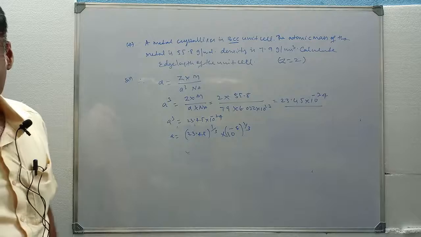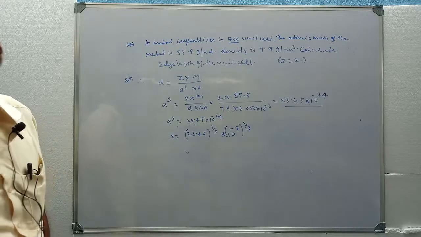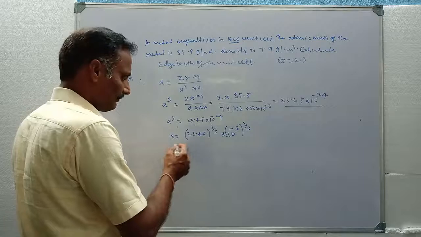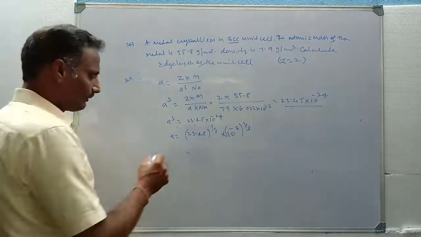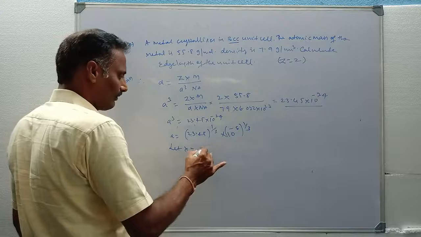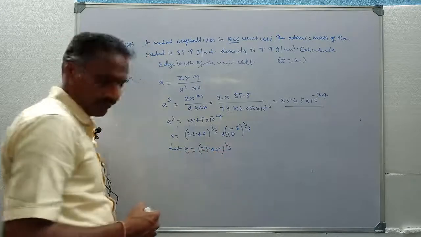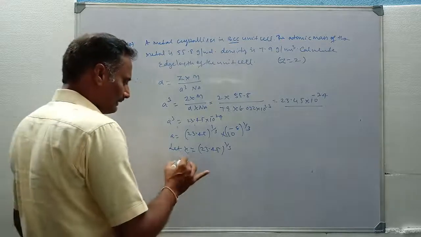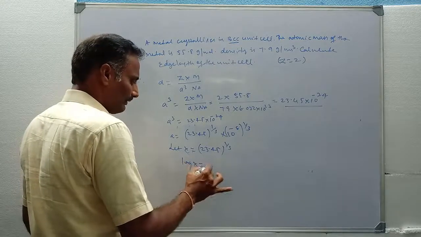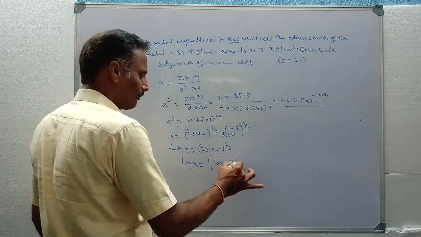Then, taking log on both sides, let x equal to (23.45)^(1/3). Then log x equal to 1 by 3 of log 23.45.